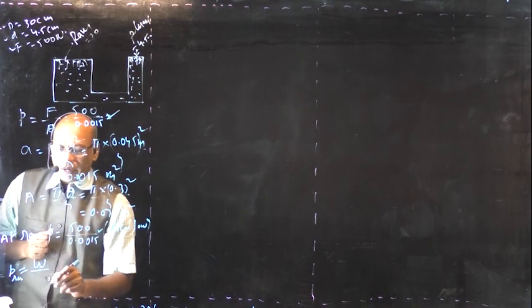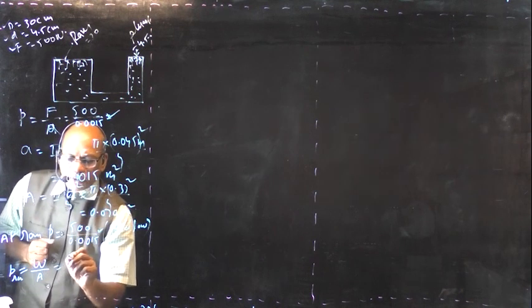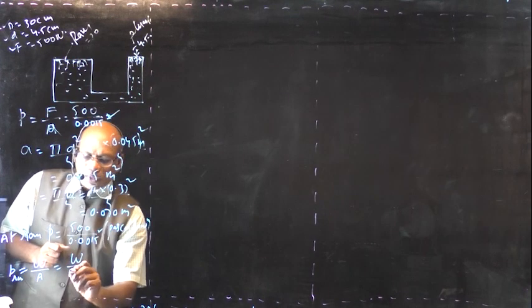Weight lifted is denoted by capital W, divided by the area already determined.